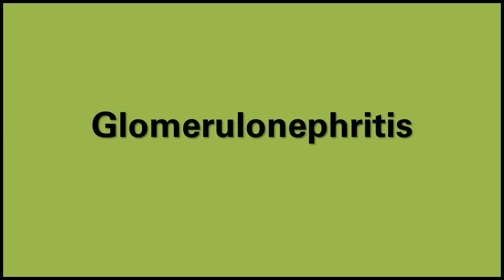The next nephrotic etiology is focal segmental glomerulosclerosis. It can be idiopathic or associated with HIV, IV heroin use, hypertension, or reflux nephropathy. It's characterized by sclerosis or fibrosis within the glomerulus, and it's treated with corticosteroids.